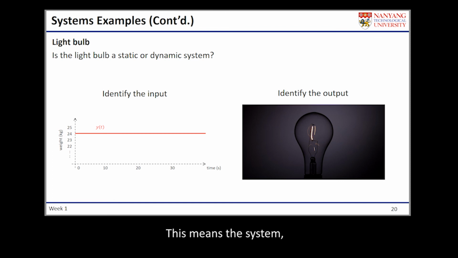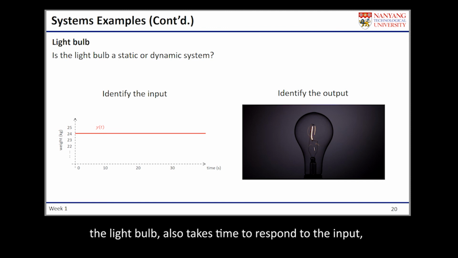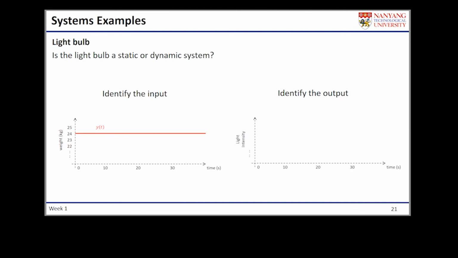This means the system, the light bulb, also takes time to respond to the input. But the response time is very fast here, perhaps in microseconds or milliseconds. But anyhow, the system takes time to respond to the input.